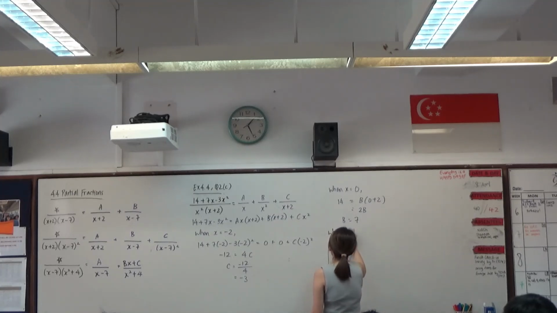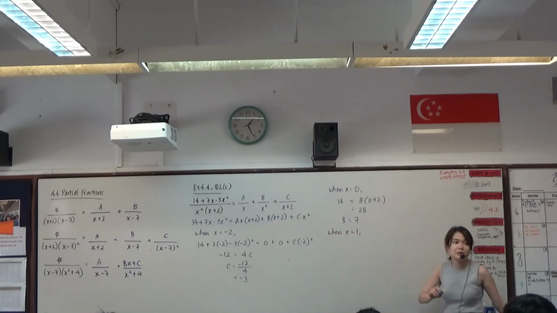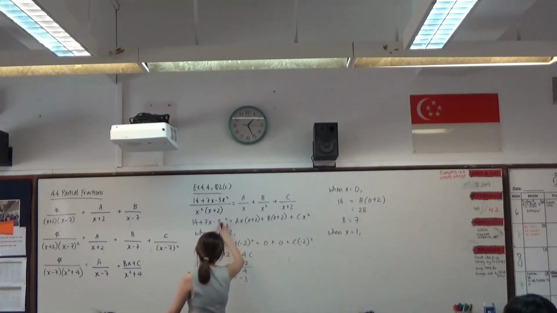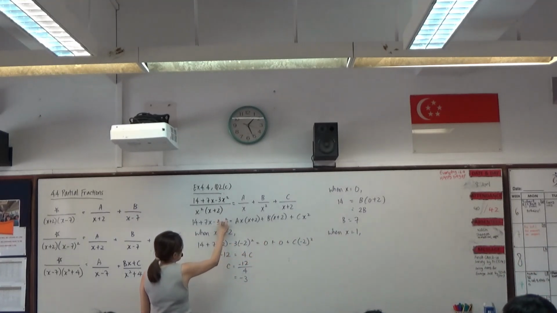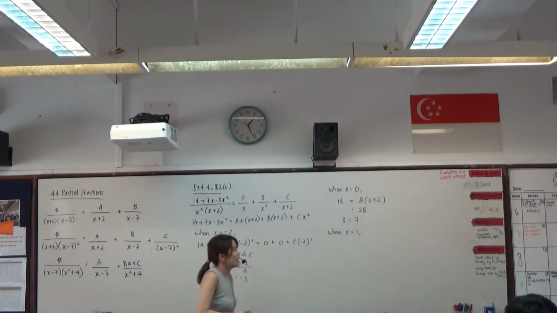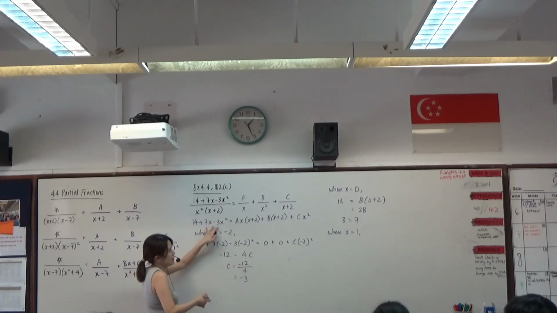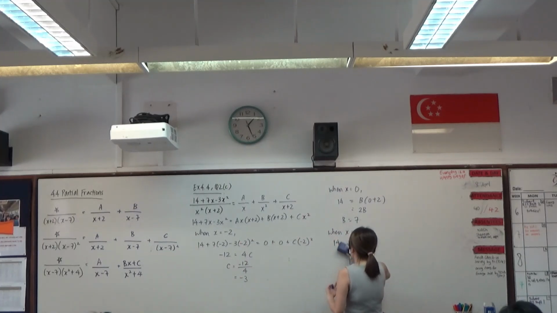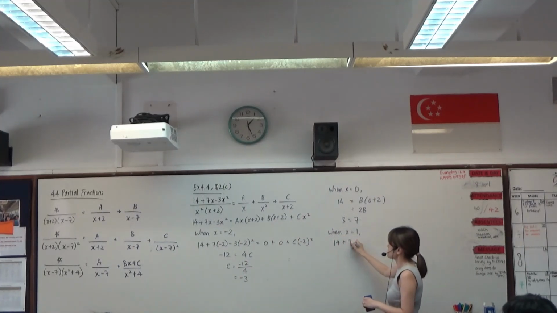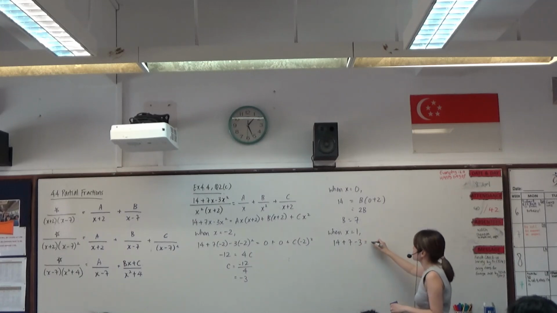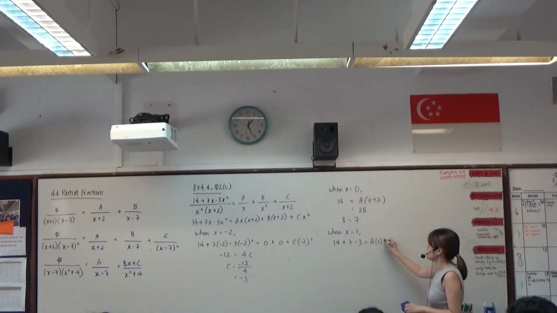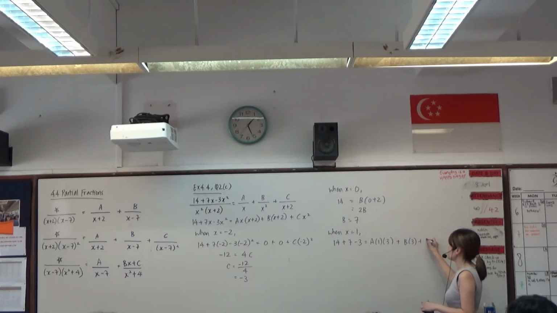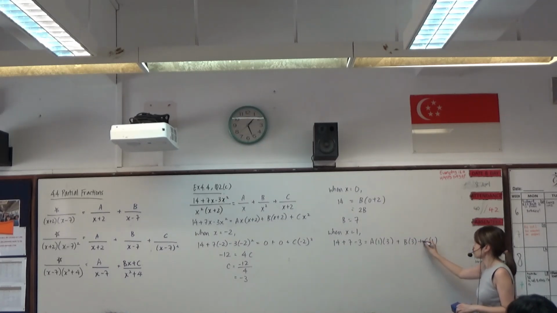We can just choose one, simple ones. If you want to choose 1,000 also can, I'm not stopping you. Just that 1 is easy to calculate, because you can mentally calculate it. Otherwise, just use a calculator. So we get 14 plus 7 minus 3 equals A times 1 times 3 plus B times 3 plus C times 1 squared.